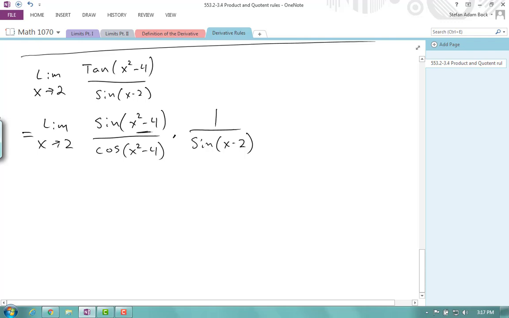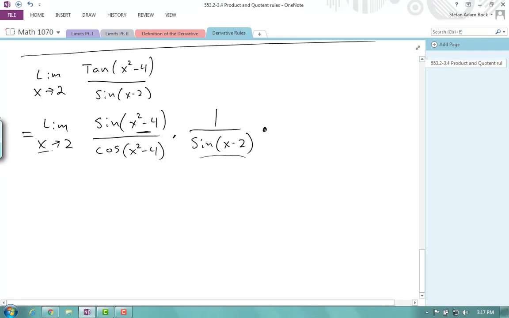Now, it's tempting to try to factor this x squared minus 4 into x plus 2 and x minus 2 and then try to cancel it with the sine of x minus 2, but the algebra doesn't really work that way. All the stuff that's inside of the sine up on the top is stuck inside of the sine up on the top, and I can't really cancel it with anything the way it is.